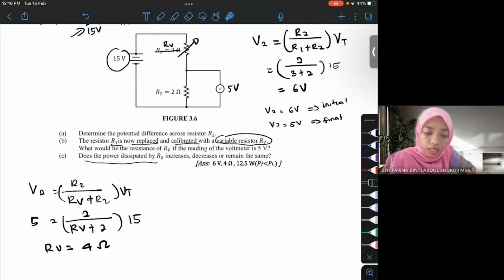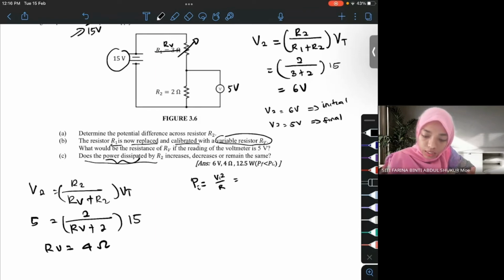Okay, so in order to know the power, power will equal I squared R or IV or V squared over R. Since we know the value of V and R, we are going to use the equation V squared over R here. So for the initial case, your R is constant.